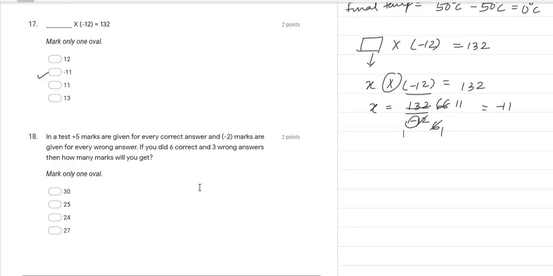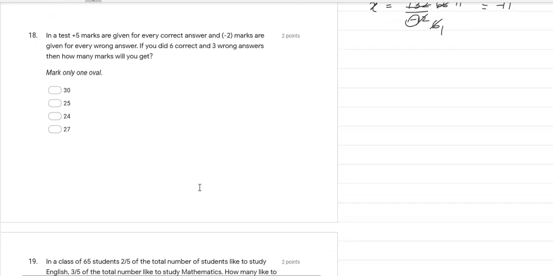Now question number 18. In a test, plus 5 marks is given for every correct answer, and for every wrong answer, minus 2 is given. In this exam, you did 6 correct questions. So marks given for correct answers will be 6 into plus 5, that is, you are given 30 marks for the correct answers.